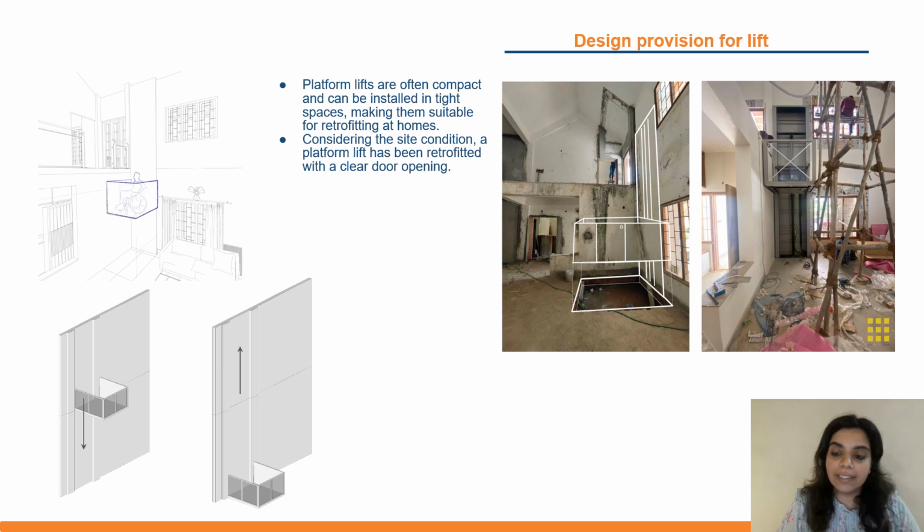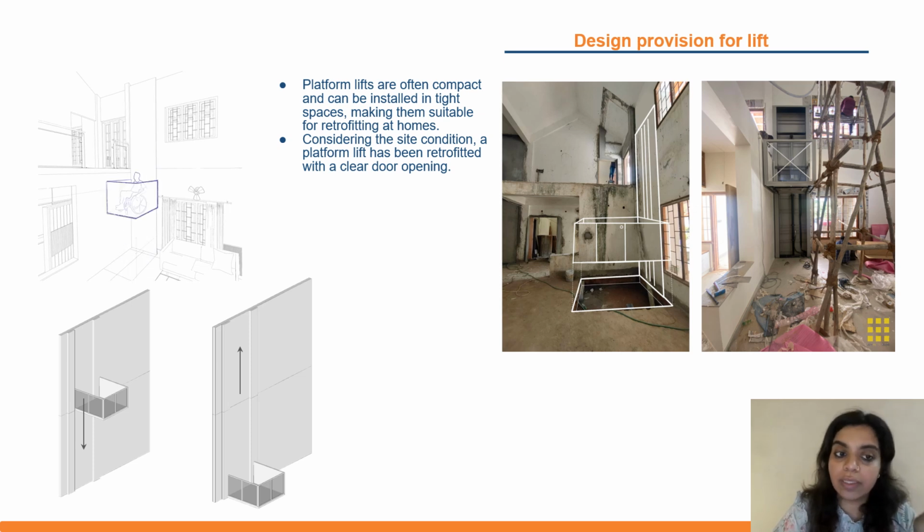One of the most challenging experiences we had was definitely with the lift. We have called numerous lift vendors because we wanted a platform lift which wouldn't look as heavy, because it was hardly one floor that had to be traveled.